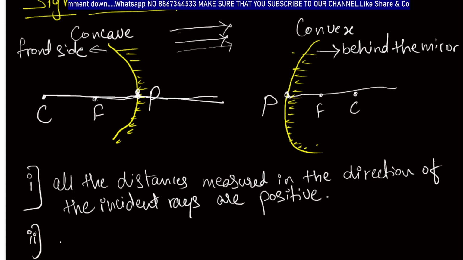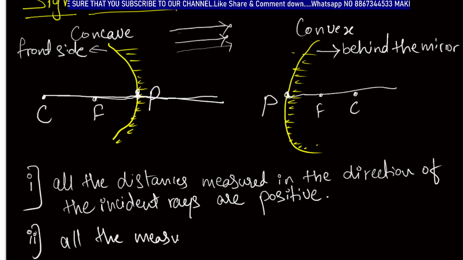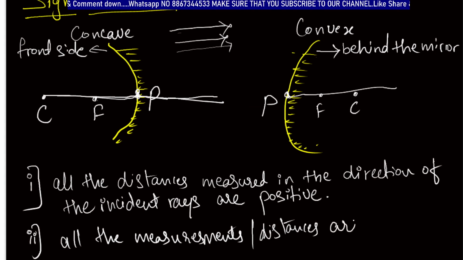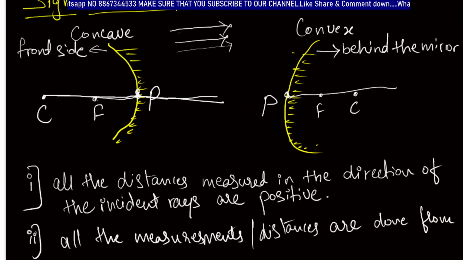And the second rule tells us that all the measurements or distances are done from the pole.